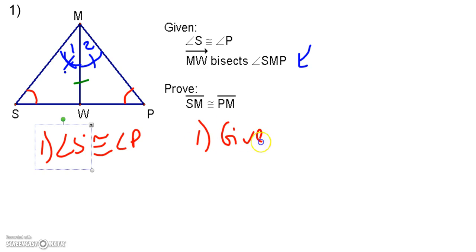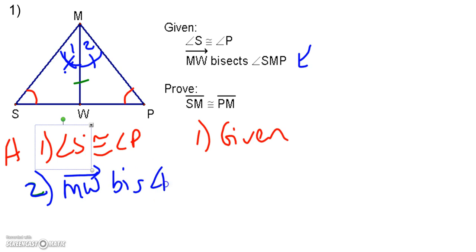So we'll start with angle S is congruent to angle P, which is given, and that gives us an angle. We also have that MW bisects angle SMP.